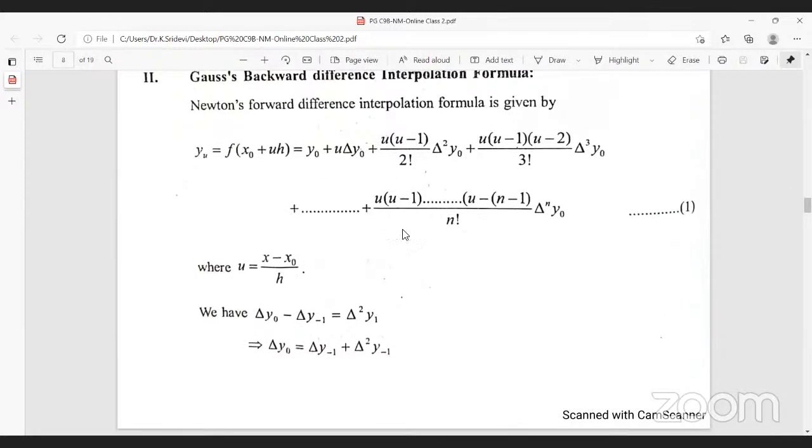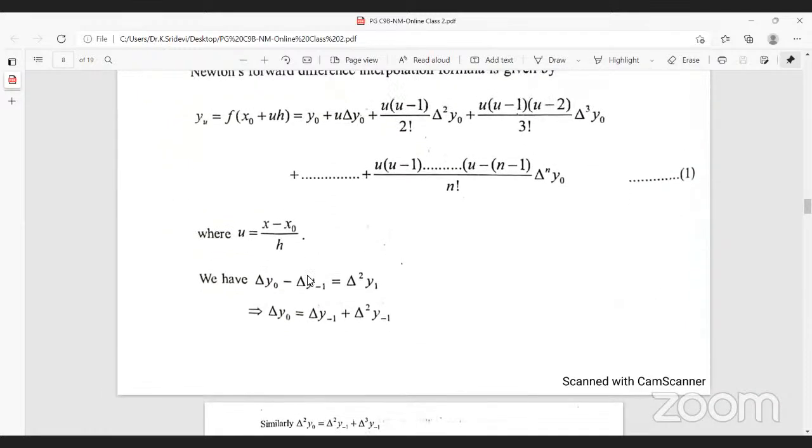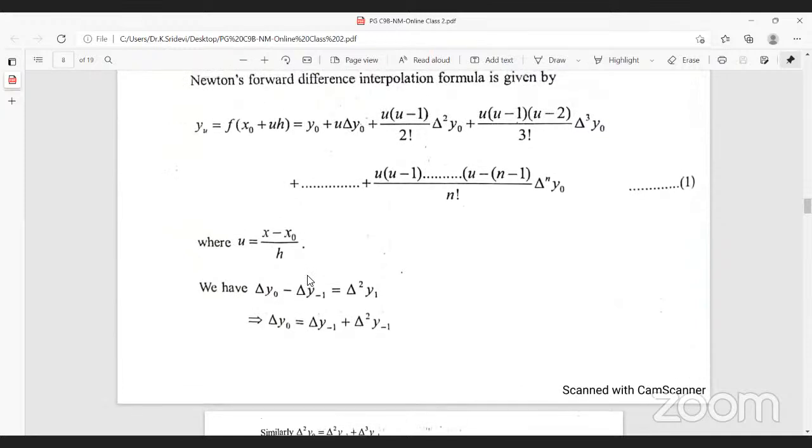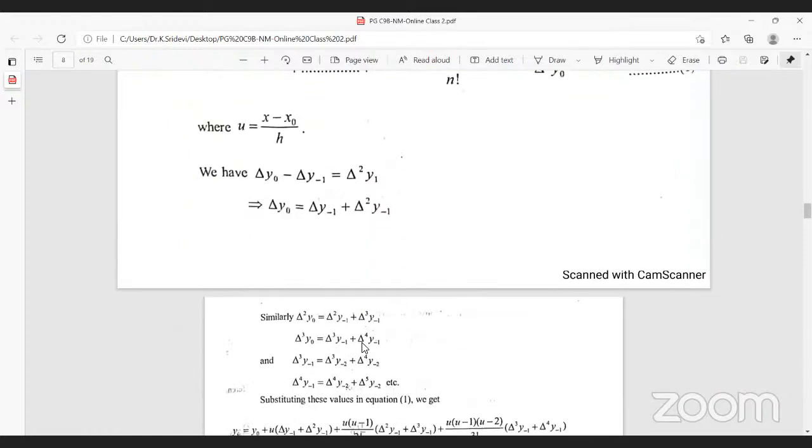We know this formula, Newton's forward interpolation formula, where u is equal to x minus x naught by h. Now from the table, as we have seen at the starting of the class, delta square y1 is delta y naught minus delta y minus 1. From this expression, delta y naught is equal to delta y minus 1 plus delta square y minus 1.